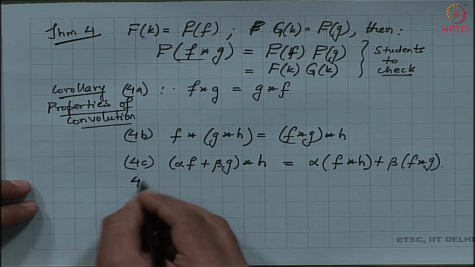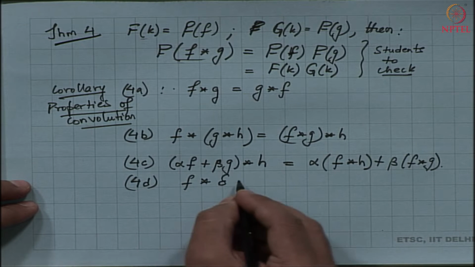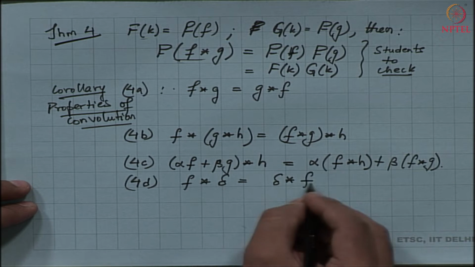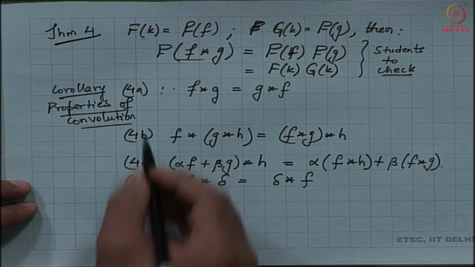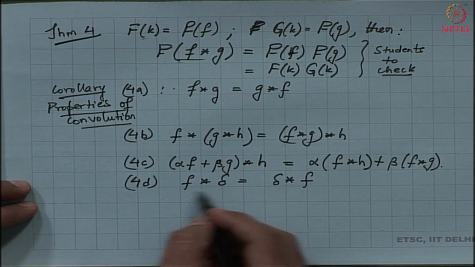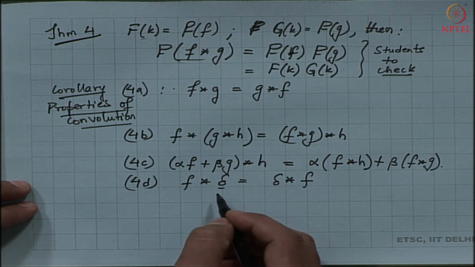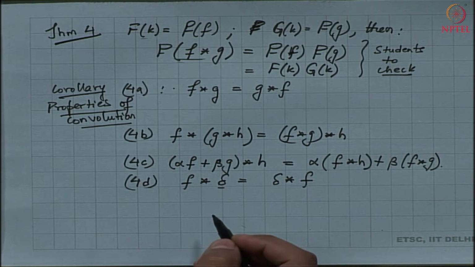And finally, another important result is that the convolution of the delta function is the delta function. So, the delta function also obeys our corollary 4a. I introduced this last result separately because the delta function is not a function in the classical sense, as I outlined in my earlier lecture.